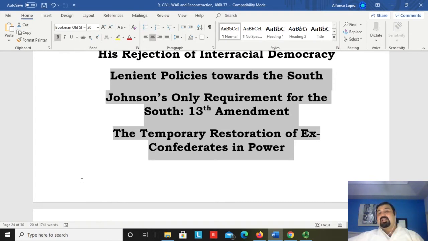So what Johnson allowed is for those individuals to come back to office, to regain their post. This was totally unacceptable, even by normal standards. It was just unacceptable to have the South once again in the hands of the same people that led the secession and fought the Union.